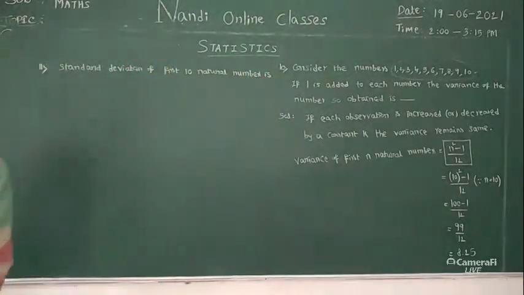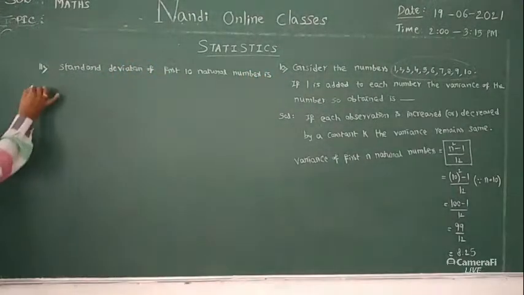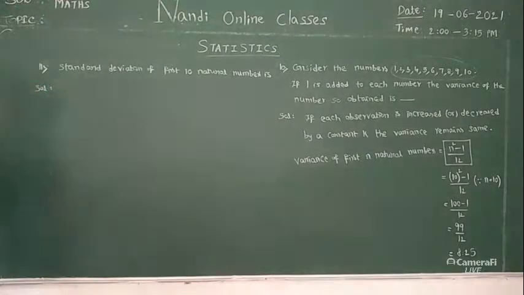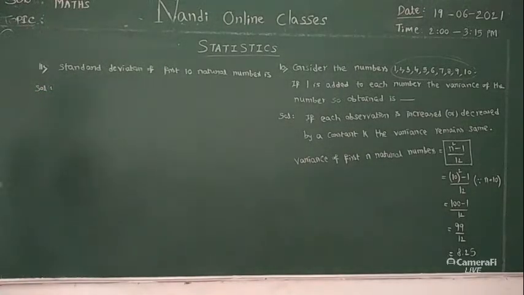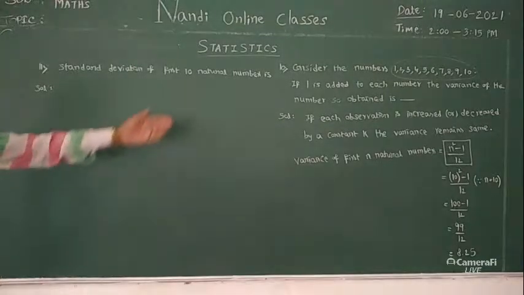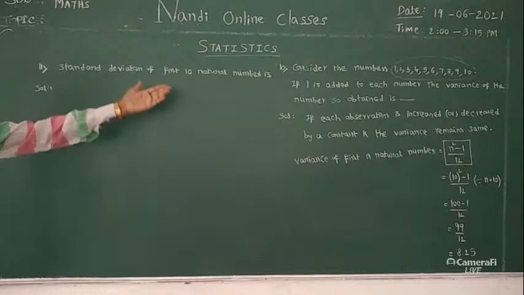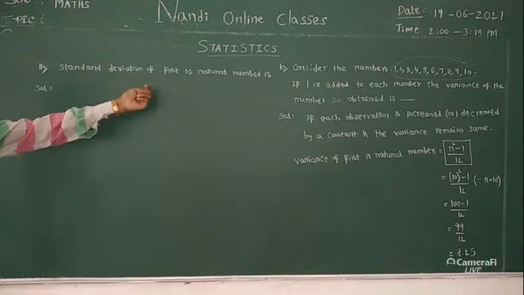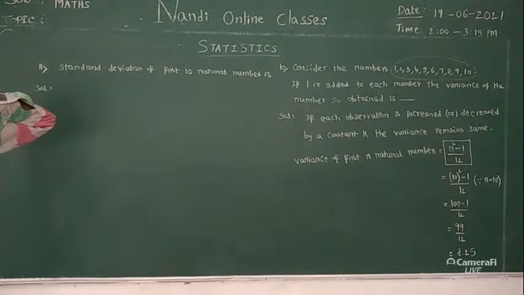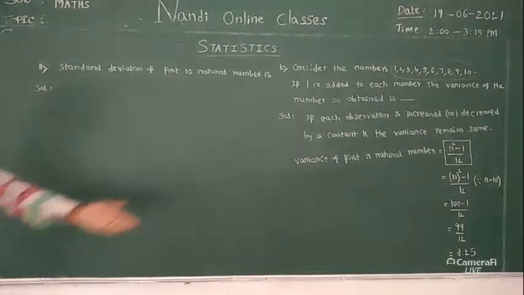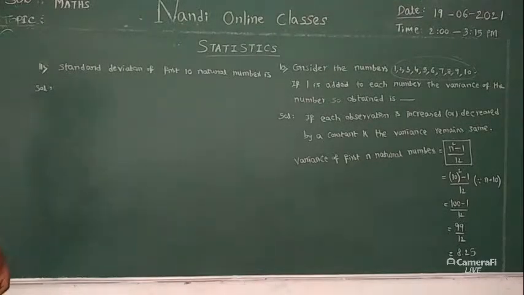Solution. Standard deviation of the first 10 natural numbers. Here we found the variance of the first 10 natural numbers. Now I want the standard deviation of the first n natural numbers. Standard deviation means what? Square root of variance. Take the square root for that one, you will get the answer.